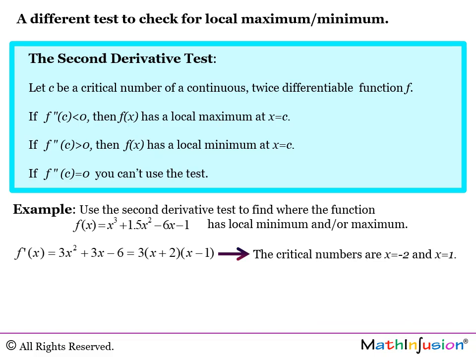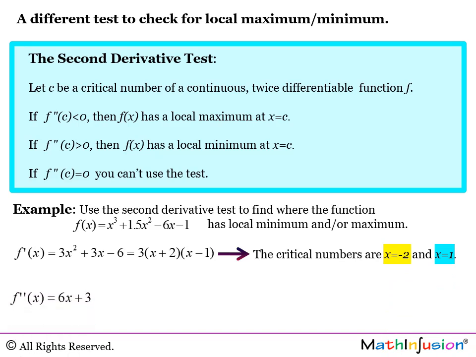From here we have the critical numbers: x equals -2 and x equals 1. Those are the x equals c in the second derivative test, and we have to check each one of those.